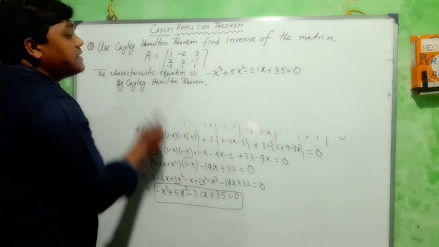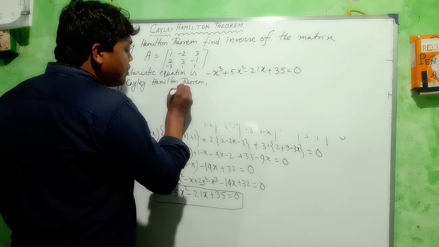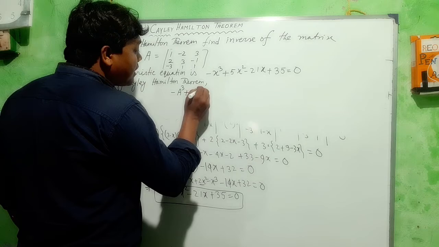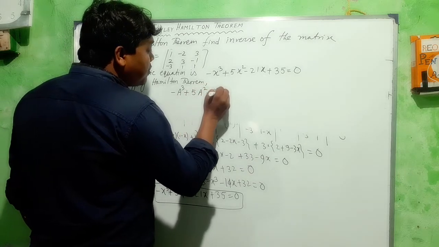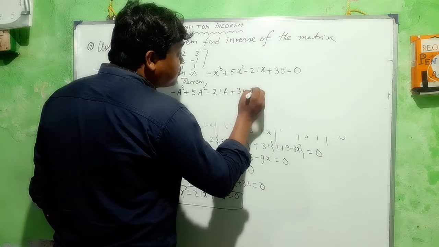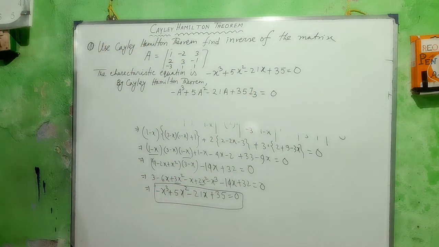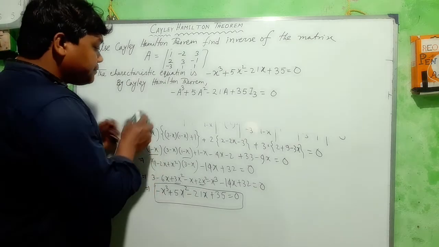That means the matrix A will satisfy this equation, that gives minus A cube plus 5A square minus 21A plus 35 I3 equals to 0. We have taken I3 because A is a 3 cross 3 matrix.